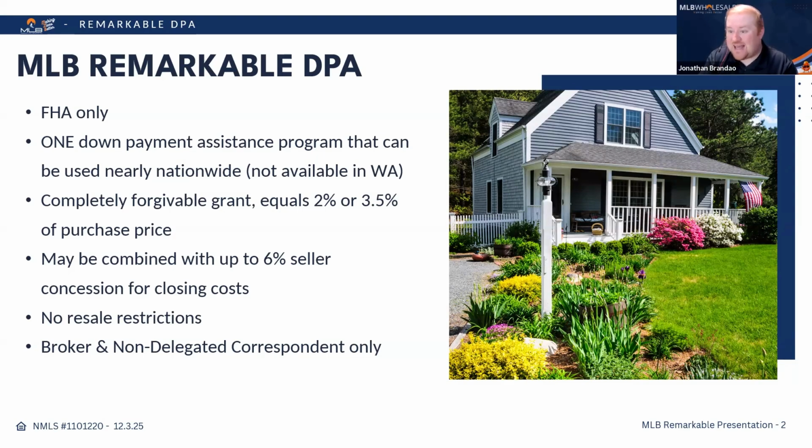This program is not like that. It's a grant, a gift basically, given right there at the closing table, similar to if they had a parent give them money that goes towards their down payment. It works on that same principle: the borrower is never expected to pay anything back at any point. It is just money given to them as a way to assist them in purchasing that home through FHA.